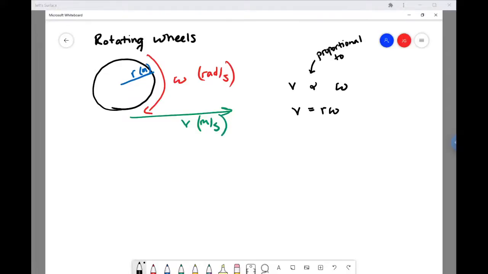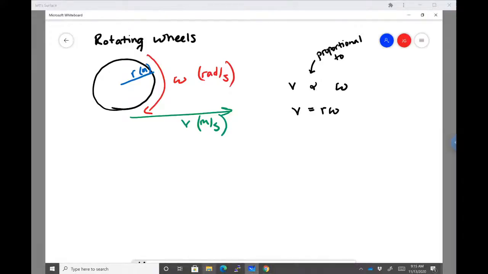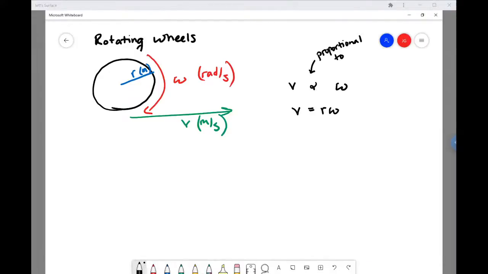So let's say you had a problem, and actually you do have a problem like this, where what you're given is that there's a wheel that over the course of its lifetime has traveled a distance, I'll just make up a number, it's not important, let's say 1,000,000 kilometers. Okay, 1,000,000 kilometers is 1,000,000,000 meters.